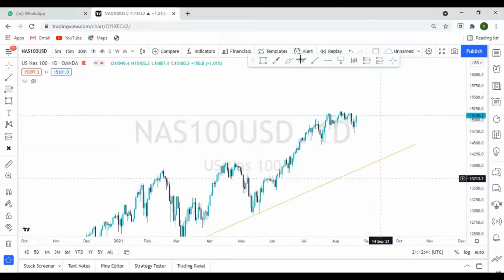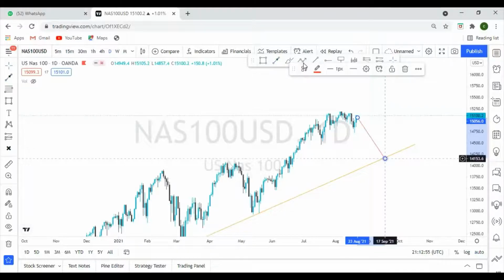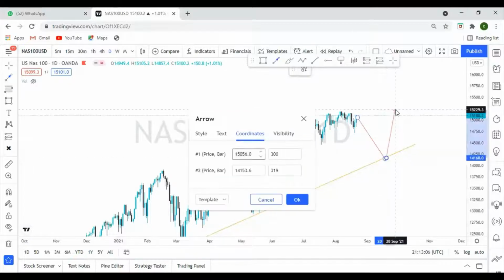What we're going to look for on NAS100 long term: the market right now is at its high, so we're looking for NAS to drop. When it gets to this trend line, that's where we are looking to buy it and hold it as a long-term investment.